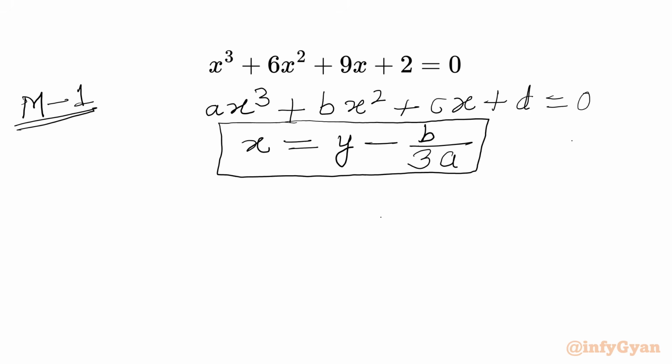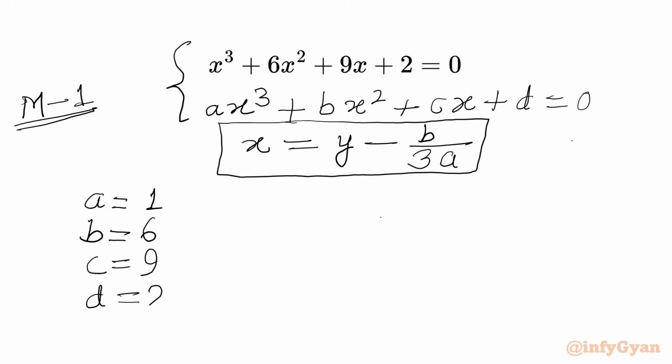So as per our equation, a, the coefficient of x cube, is 1, b, the coefficient of x square, is 6, c, the coefficient of x, is 9, and constant d is equal to 2.